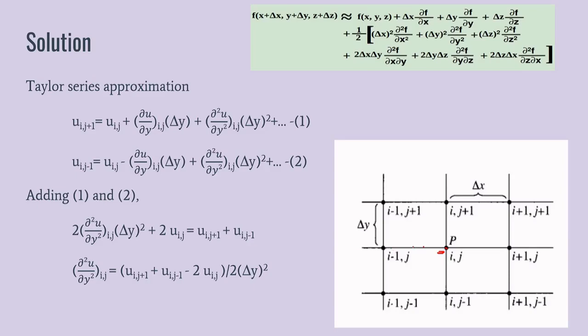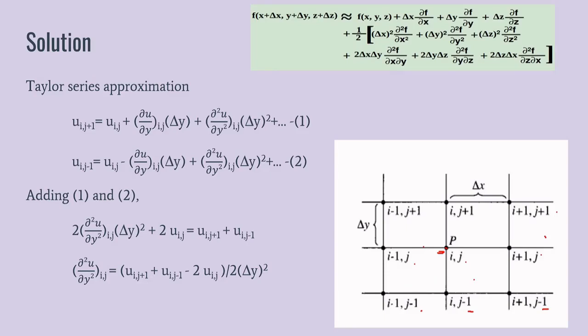That is, y is equal to a constant, a line parallel to the x-axis, will have the same j values. So here it is j for all the points, here it is j plus 1 for all the points, and in the bottommost line it is j minus 1 for all the points.